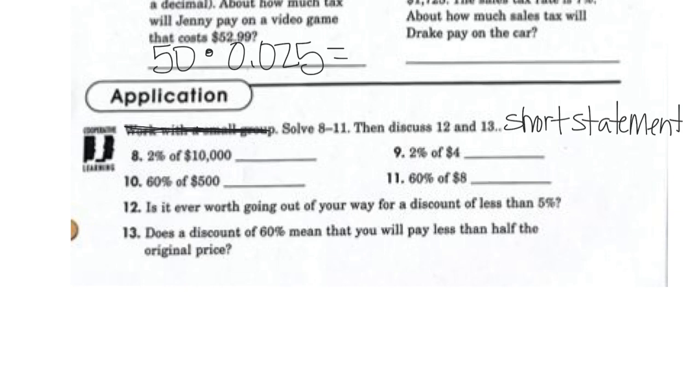You will do problems 8, 9, 10, and 11, and then you would say, is it ever worth going out of your way for a discount of less than 5%? You have to say yes or no, and then tell me why. And then it says, does a discount of 60% mean you will pay less than half of the original price? You can say yes or no, but I need to know why or how. So you're going to do those two problems.